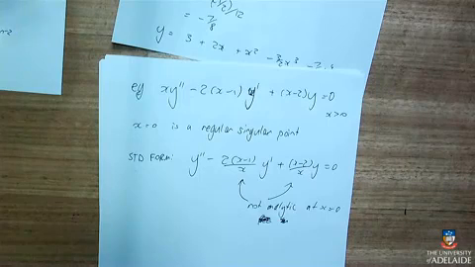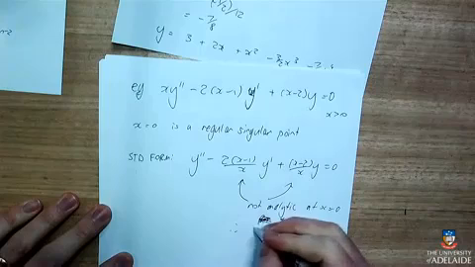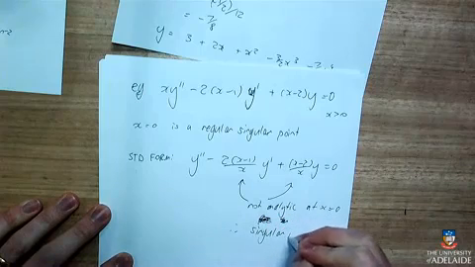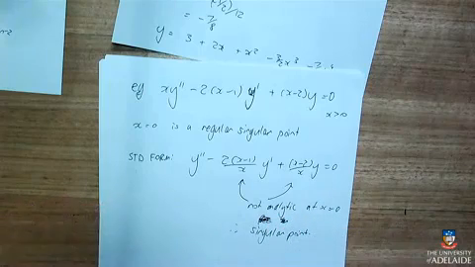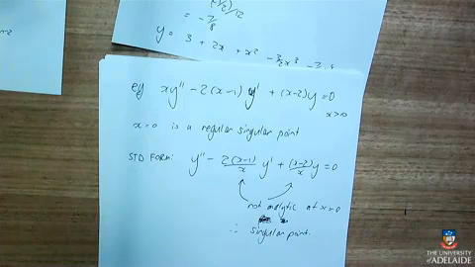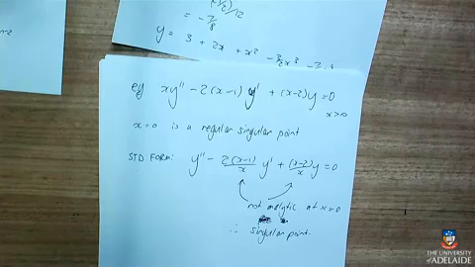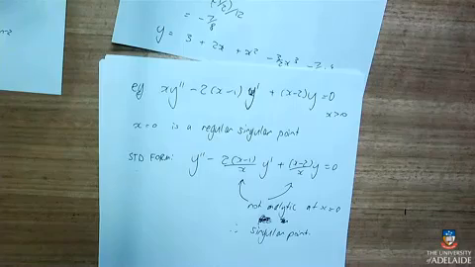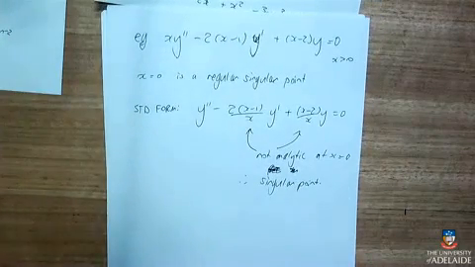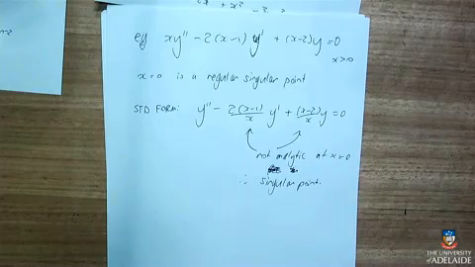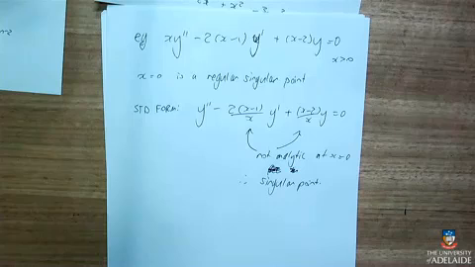So it's not analytic at x equals 0, which means it's a singular point. And because of that, a traditional power series isn't going to work. Because if something's not analytic, it doesn't have a power series. And so I can't use a traditional power series for this because it doesn't have one. And so I'm a bit stuffed. But if it's a regular singular point, then I can just use Frobenius's method.